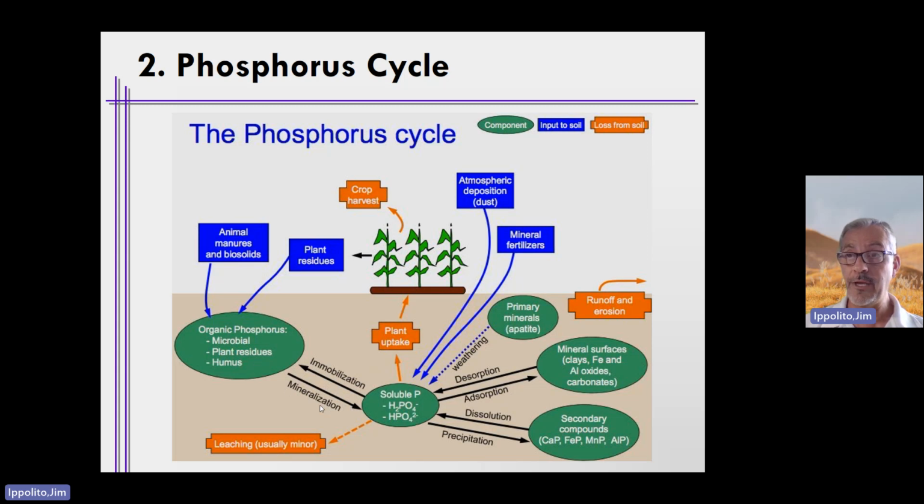The term mineralization here is the same term that you learned in the nitrogen unit, and the nitrogen cycle specifically. Mineralization of organic phosphorus to inorganic phosphorus occurs, and the flow path is to the soluble P pool. Of course, immobilization can occur as well, where if microorganisms are perceiving a deficiency, they'll scavenge the orthophosphate pool to take up phosphorus into their tissue.